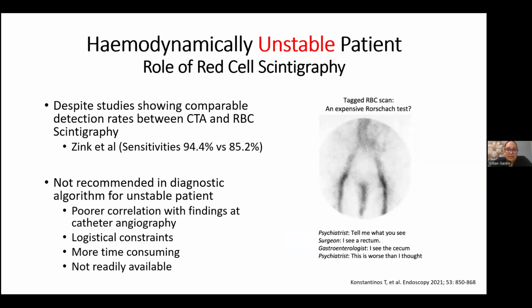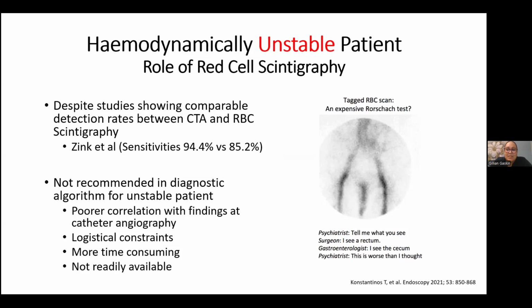So in the setting of a patient that is hemodynamically unstable, guidelines advocate against the use of red cell scintigraphy to localize bleeding. The detection rates are noted to be similar to CTA, but scintigraphy has poorer correlation with findings at angiography. Also, red cell scans are more time consuming. The test requires radiotracer preparation and another 60 to 90 minutes for image acquisition.